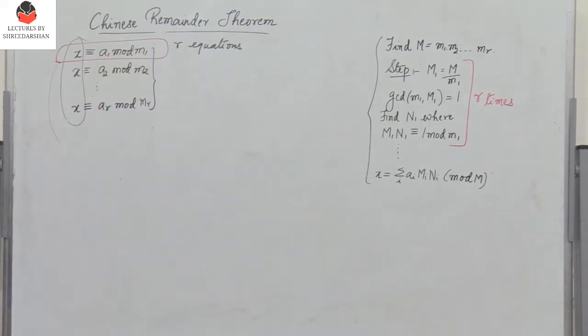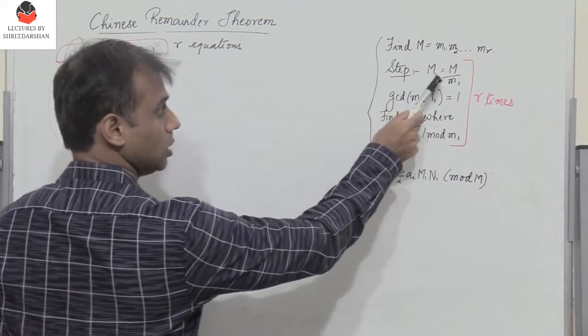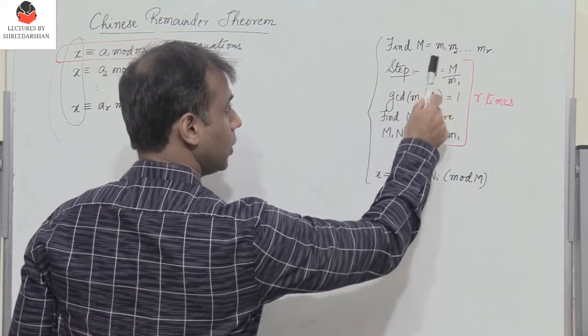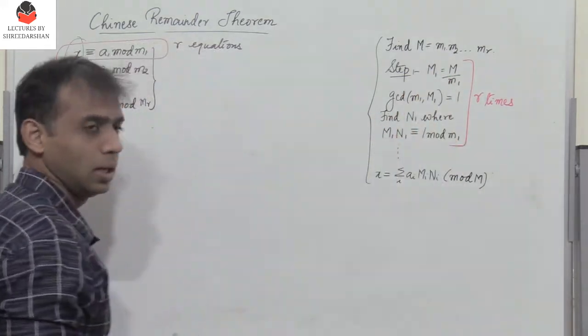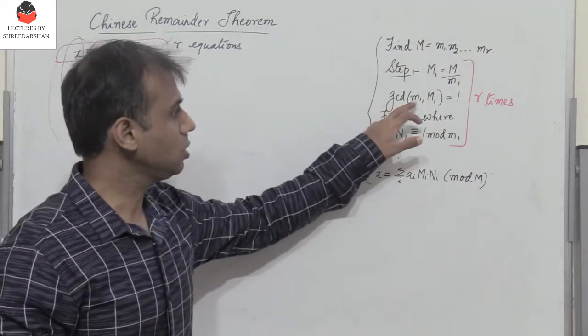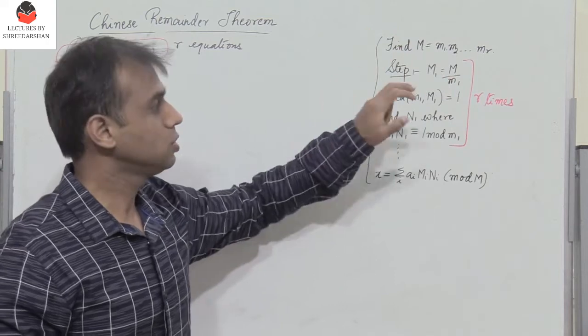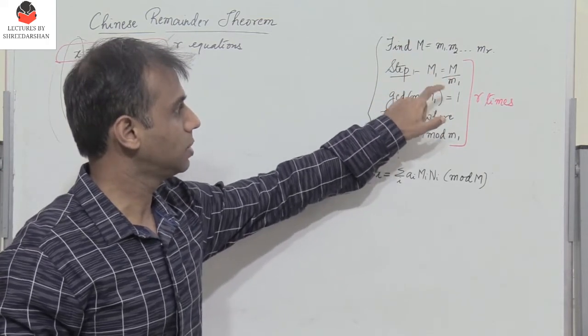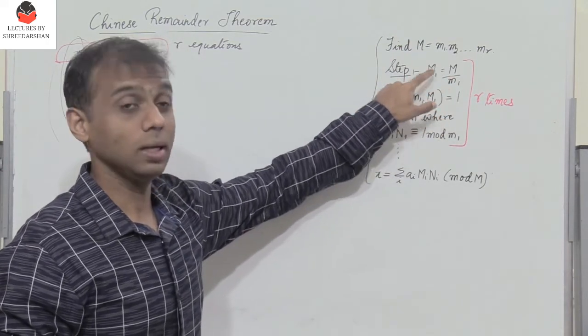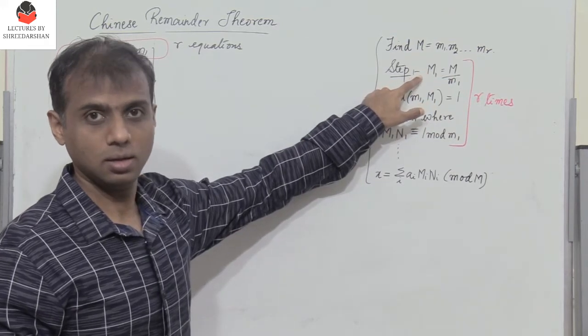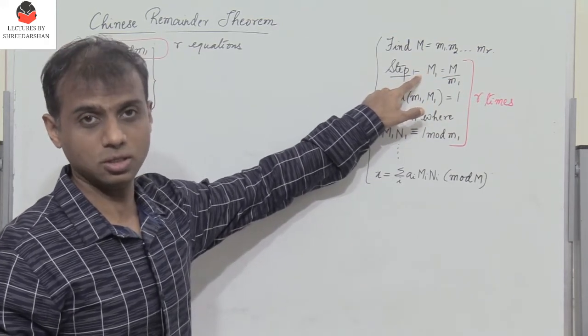The first step is to find M1, which is capital M divided by the mod value m1. And we find that the GCD of m1 and M1 is equal to 1, so these two numbers are relatively prime to each other.